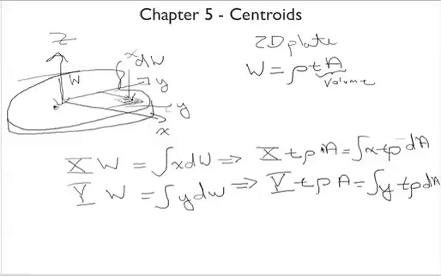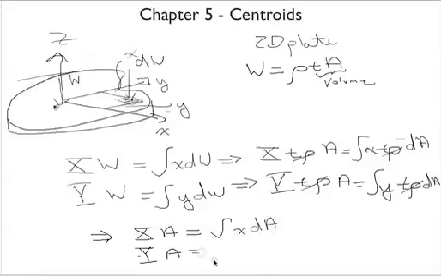All right, and then we can just cancel, right? So these will cancel because it's a constant thickness plate. And we're left with, finally, a relationship for x bar times big A and y bar times big A equal to the integral of x dA and y dA. All right, so there we go.